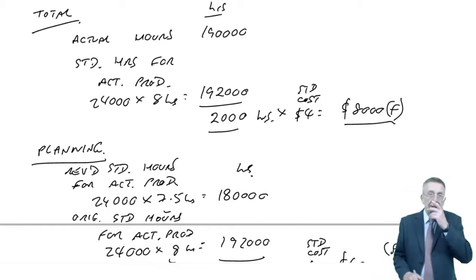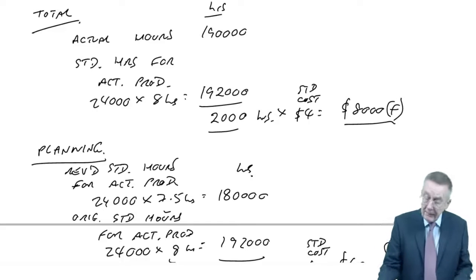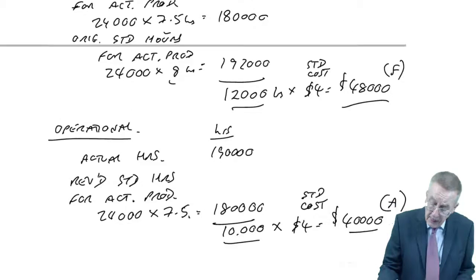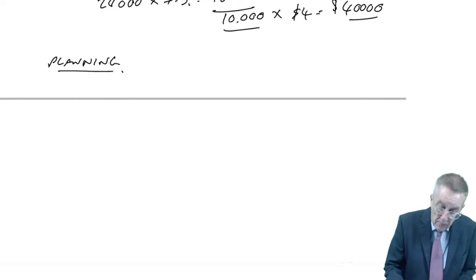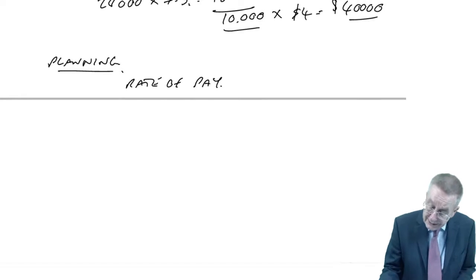Finally, just let me summarise these variances, and then I can have one last chat about them. As far as the planning variances were concerned, the rate of pay, what was it?